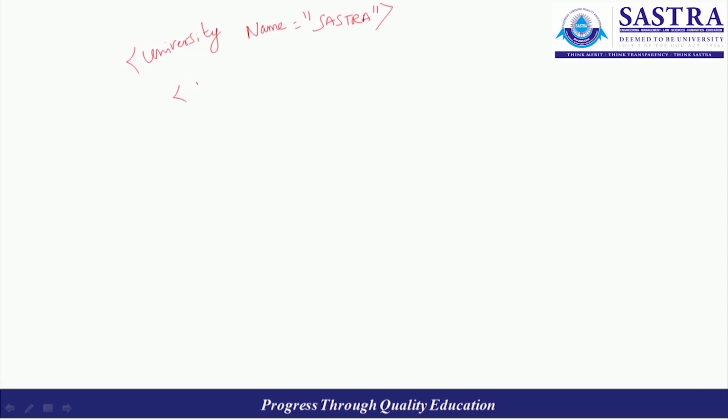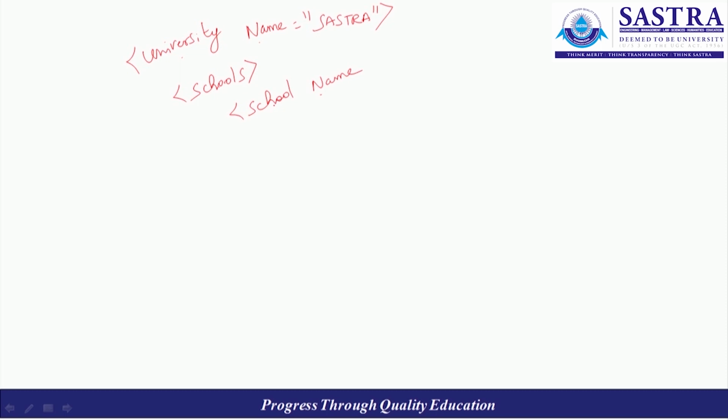Then schools I have, in which first school I have school, look at there, the name attribute of university, name attribute of school.